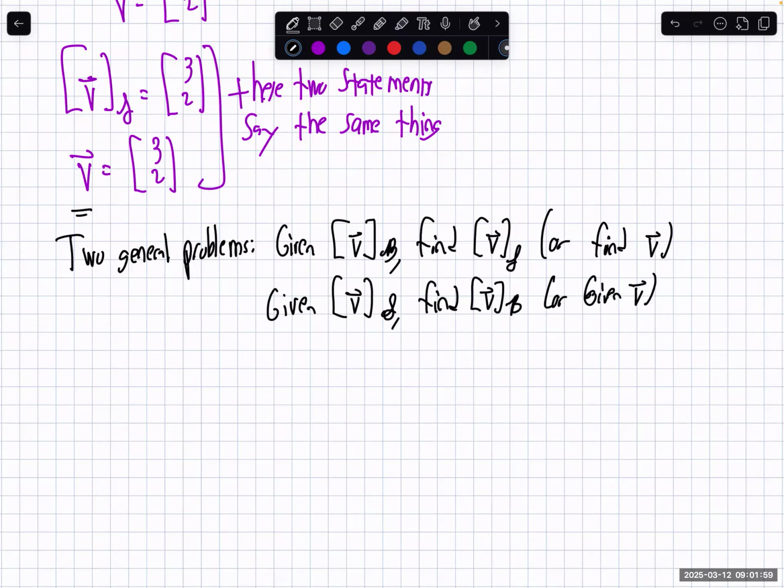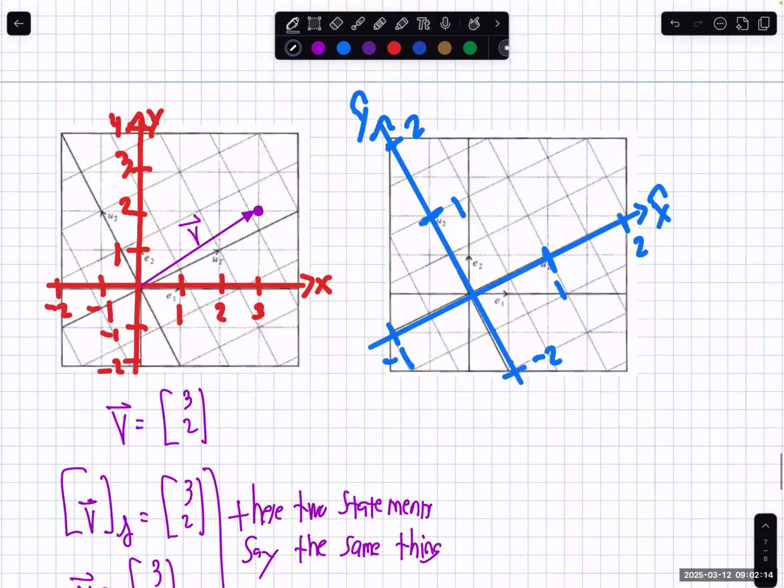We know the coordinates relative to one coordinate system, and we want the coordinates relative to a different coordinate system. Okay, so let's try this again.